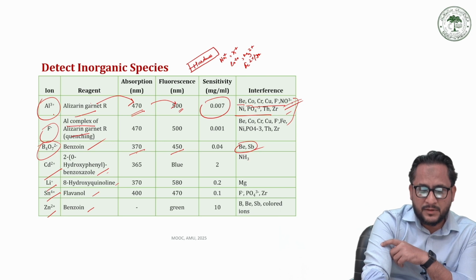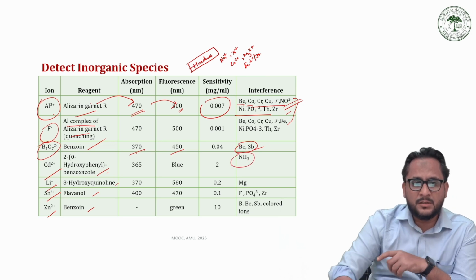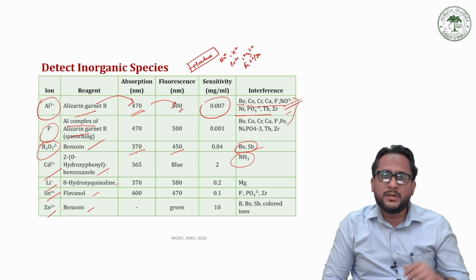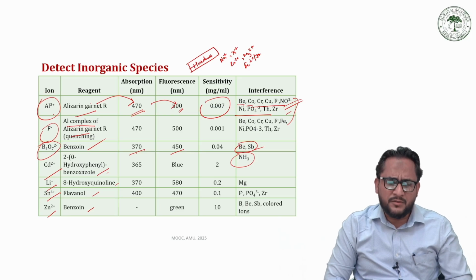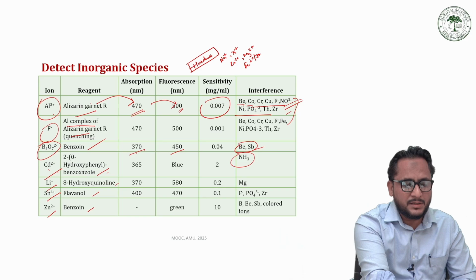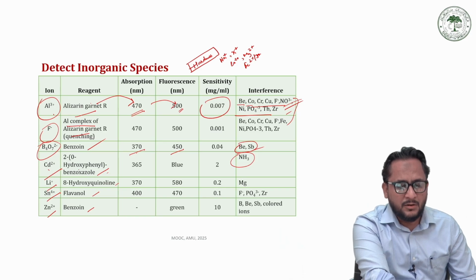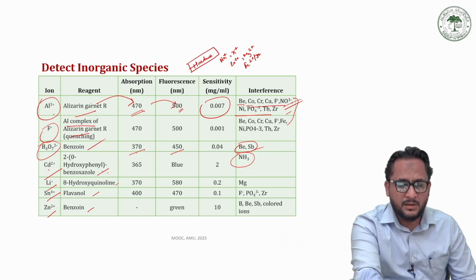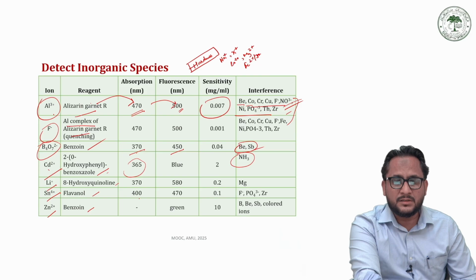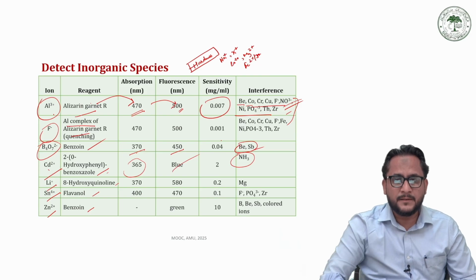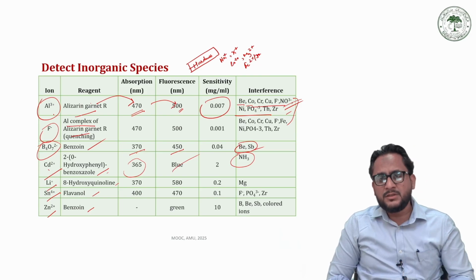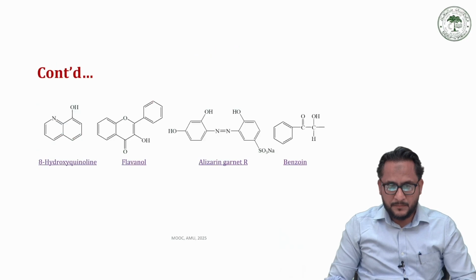Similarly, in the case of cadmium, there is only the possibility of ammonia. We can easily remove ammonia. It's not present everywhere, just like oxygen. So we can identify cadmium just by adding orthohydroxyphenyl benzoxazole. It absorbs light for excitation at 360 while emitting blue light in the starting visible region, giving a blue color.